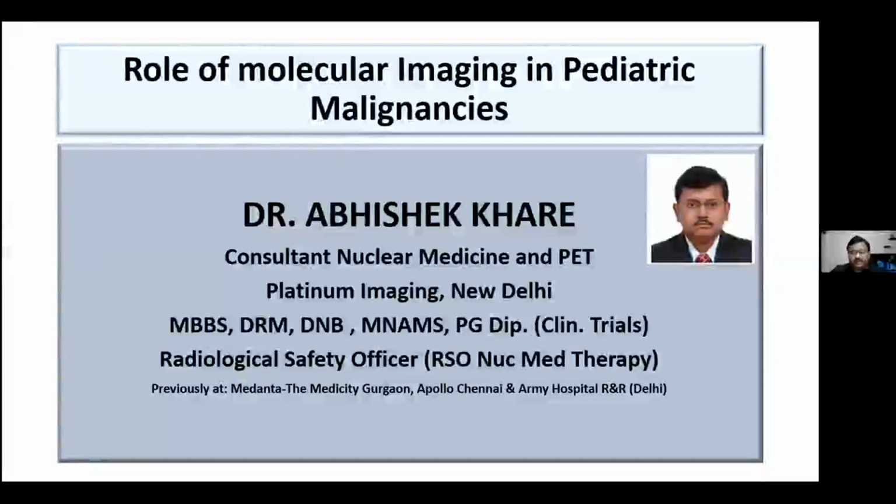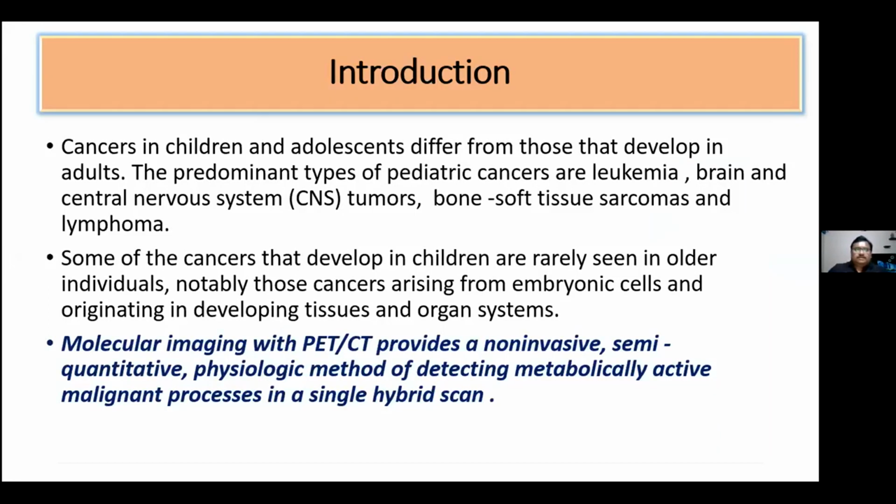Unique with the age group, which are seen in those particular age groups, while adult malignancies have a different behavior and different presentation. So, in the introduction, cancers in children and adolescents differ from those that develop in adults.